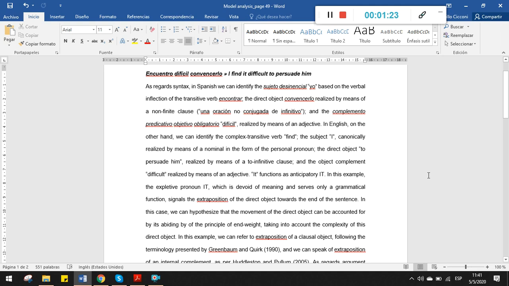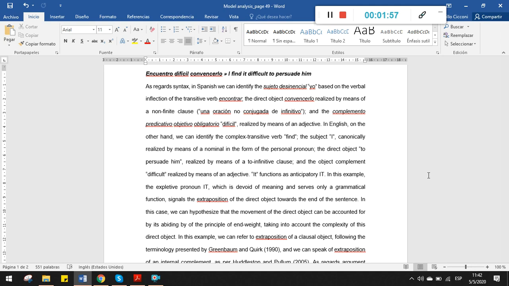When you are asked to analyze these sentences, we want you to analyze the syntax and the semantics, that is to say, argument structure in this case, and also to speak about correspondence or non-correspondence between the languages. So, let's start.